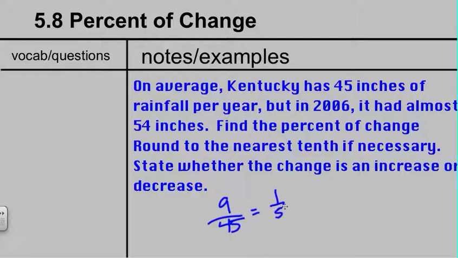This one's pretty easy. This would reduce to 1/5, and that would be 20%. Is it an increase or decrease? 45 to 54, that would be an increase. There was no need to round in this particular problem, so we're okay.